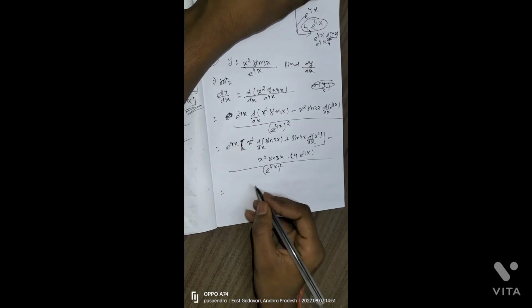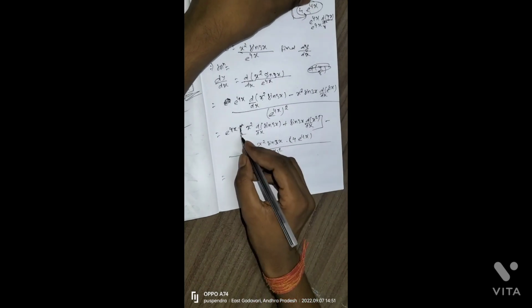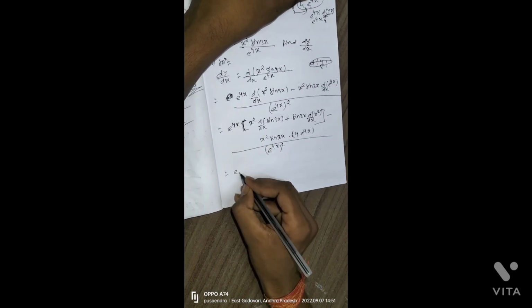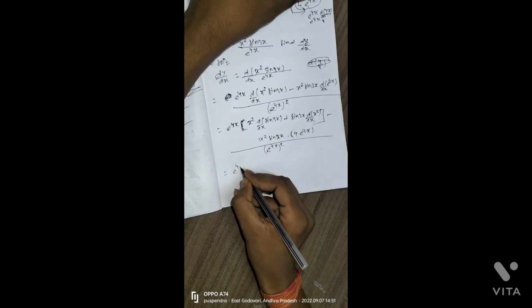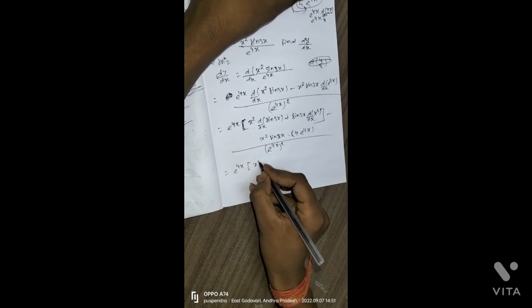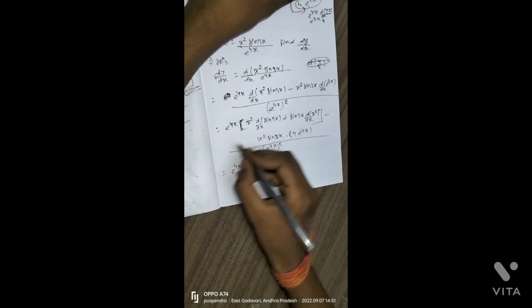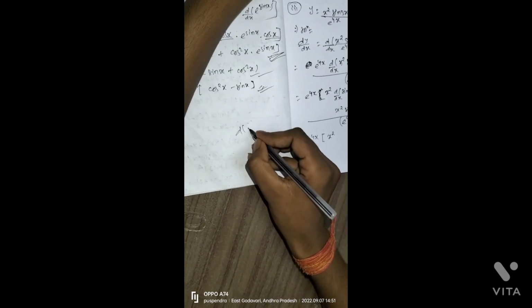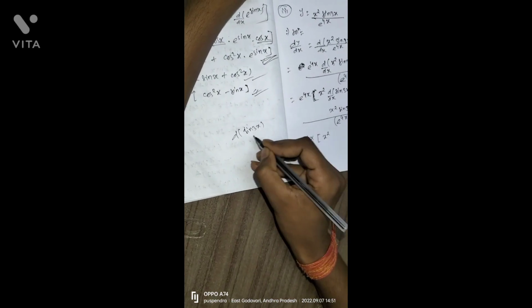Okay, now what will you do? Here is e to the power 4x, e to the power 4x, x square. What will be the derivative of sine 3x? Let's see: derivative of sine 3x upon dx.